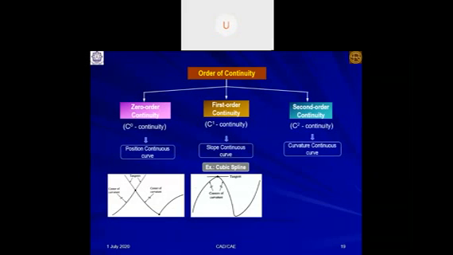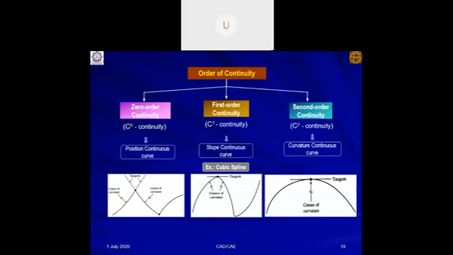The second order continuity curve is curvature continuous. First order continuity means position and slope are both the same for both curve segments at the joining point. In a second order continuity curve, the position is the same, that means the two end point coordinates are the same, the tangent is also the same, that means the slope is the same, and at the same time the center of curvature is also the same for both curves.